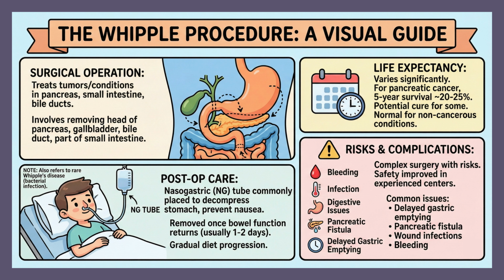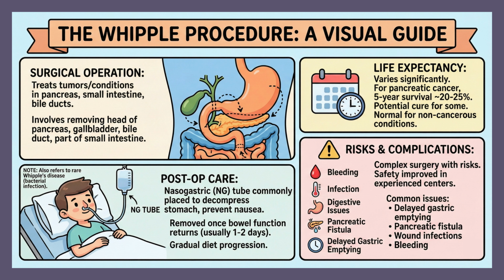For non-cancer conditions, life expectancy can be normal, but for pancreatic cancer, survival depends heavily on tumor characteristics, spread, lymph node involvement, and overall health, with improvements in surgical techniques lowering short-term risk.